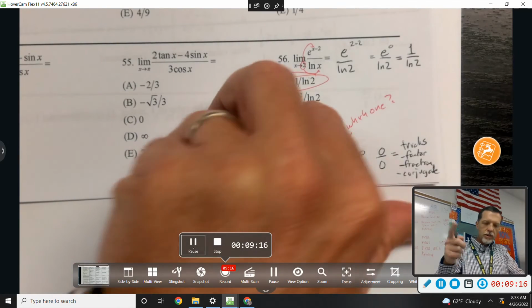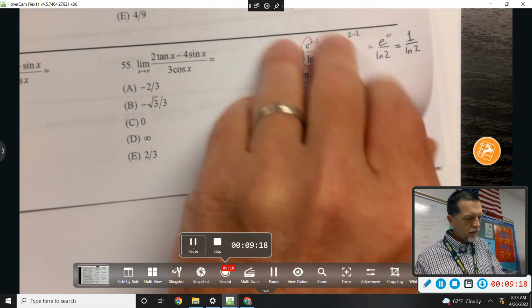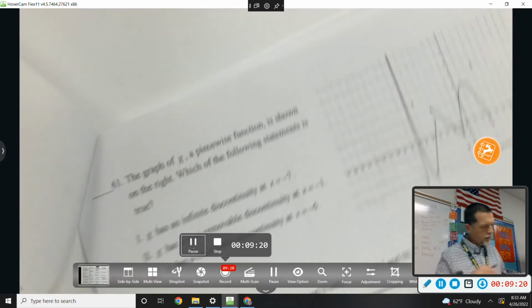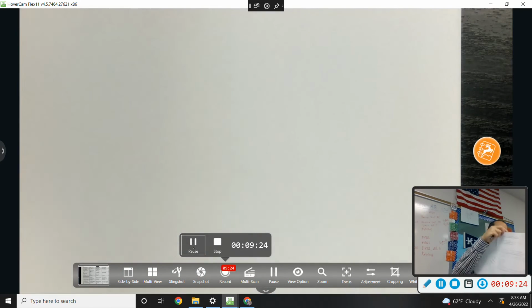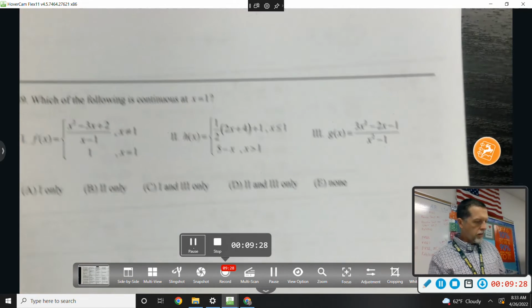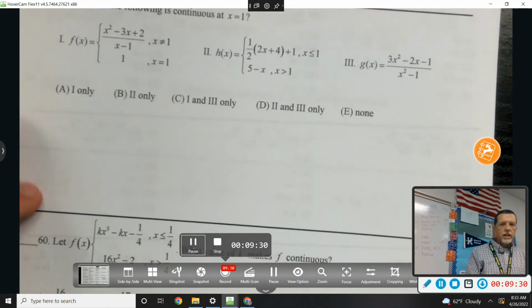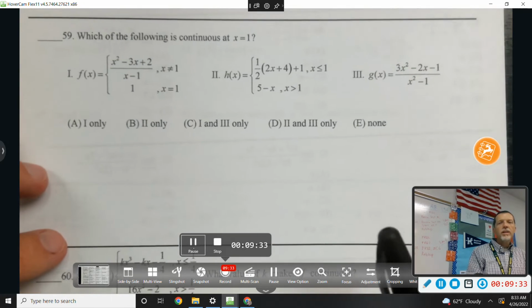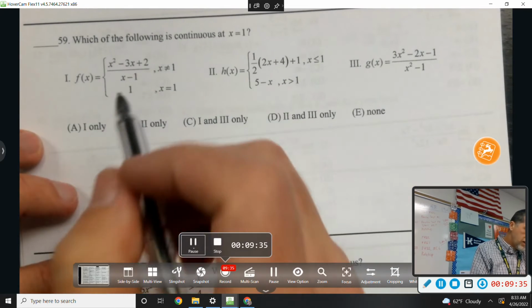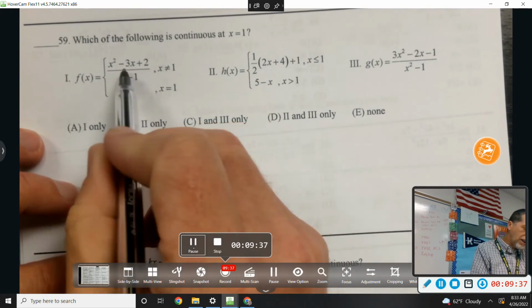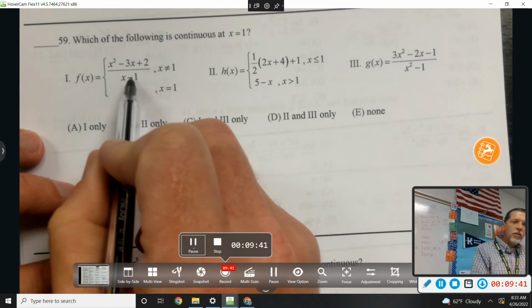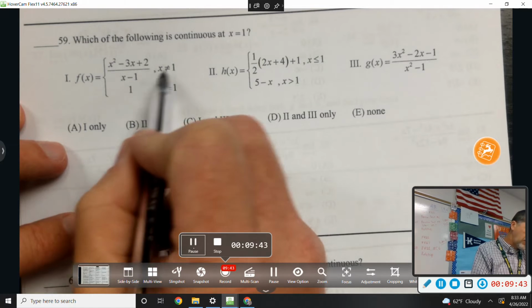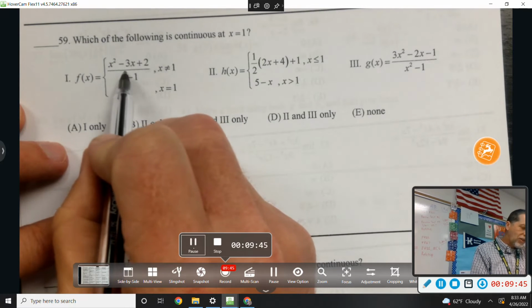There was another one, Crystal, 59. Which of the following is continuous at x equals 1? Oh, 3 problems in 1. Okay, so at x equals 1, the function is 1, but this first one, if we plug in 1, we get 0 over 0.